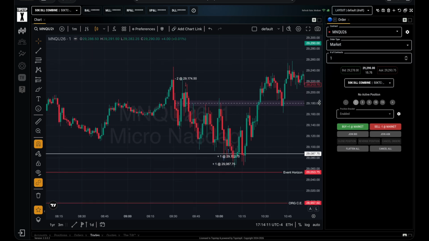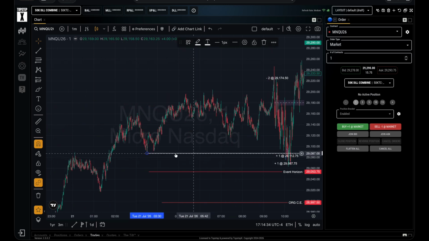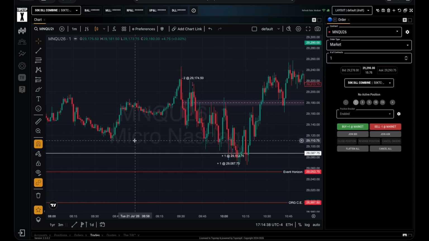No reason to rush. But like I said, my entry was at 174.50, framed using this first presentation fair value gap. See, I entered one tick below, two contracts. Like I said, my stop was above this high right here. And my initial target was this London low from all these relative equal lows around 3 o'clock at 87.75.